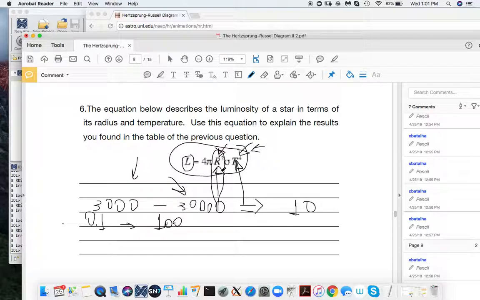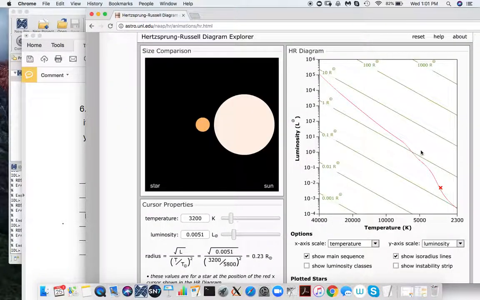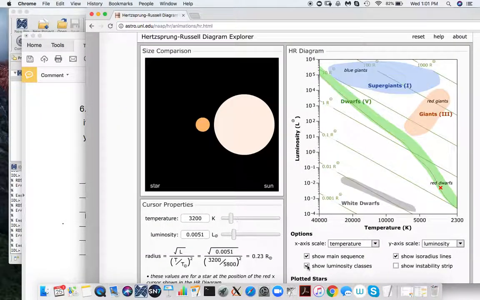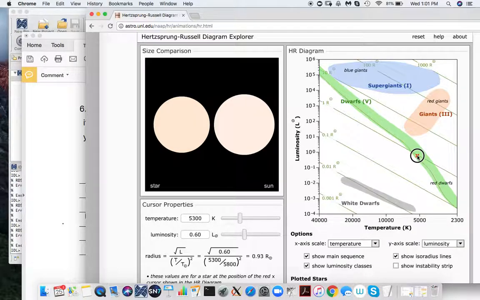That's why the sun now has a size that is matching 100 times the size of our planet Earth. But when the sun becomes a giant, as you can see in this HR diagram, if I bring the luminosity classes, when the sun becomes a giant here, the sun is going to come out of this position, right?